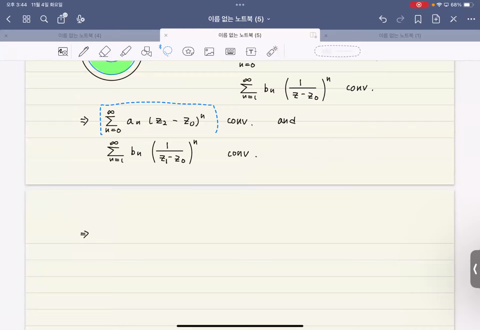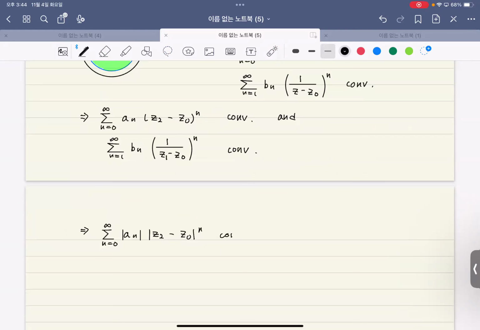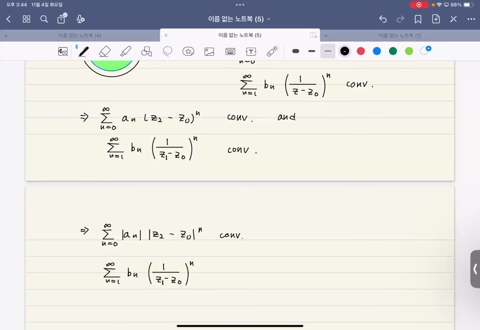Replacing these by the absolute values, this is also convergent, and this is also convergent.